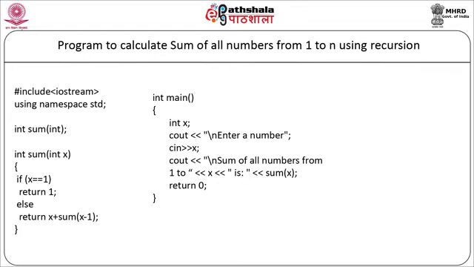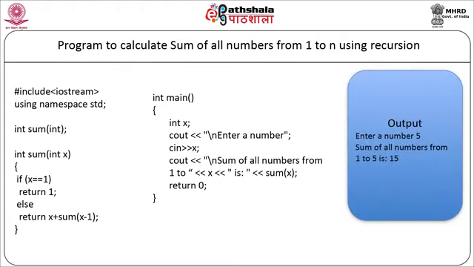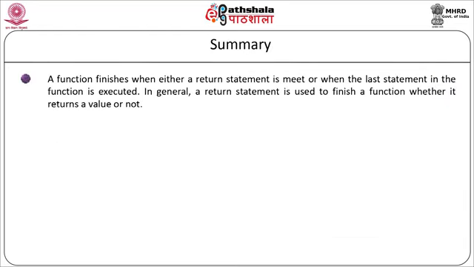Now once we enter the number 5, the sum function will be called where the 5 will be passed as a parameter, and it will give rise to the recursive function call as 5 plus sum of 4, then 4 plus sum of 3, 3 plus sum of 2, and so on, and finally it will display the output as sum of all numbers from 1 to 5 is 15.